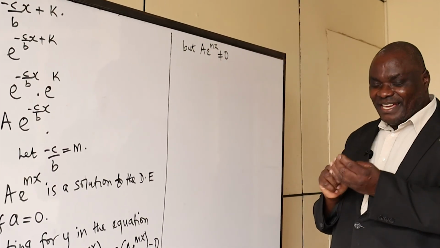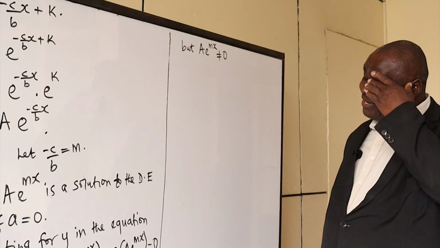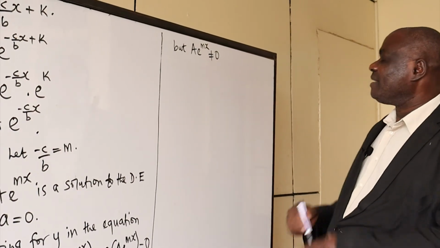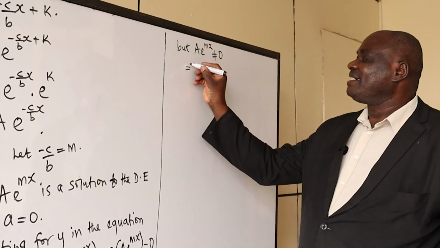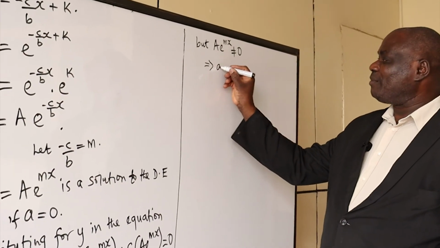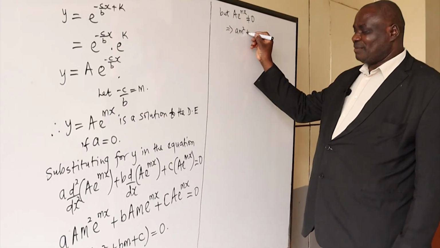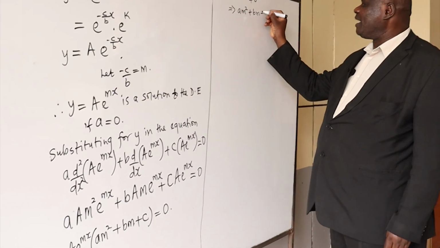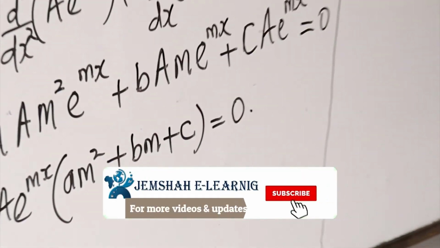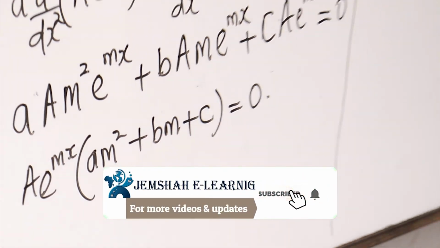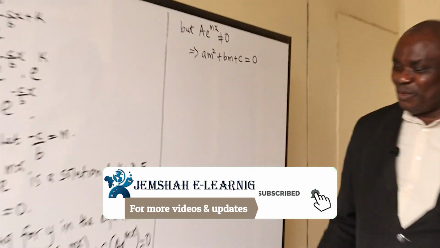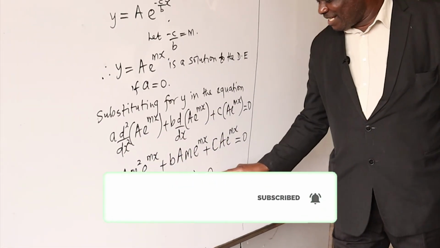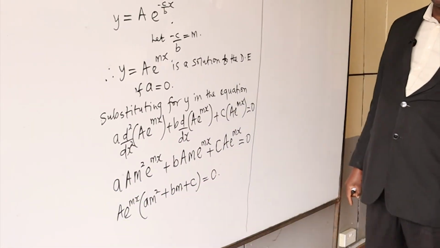If the value is definite, then we cannot get a 0. So this implies only a m squared plus b m plus c can be equal to 0. That is the only portion that can bring this expression to be equal to 0.